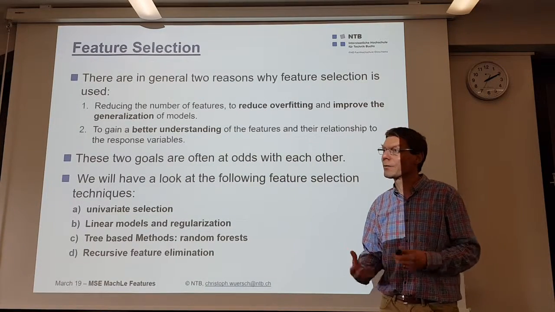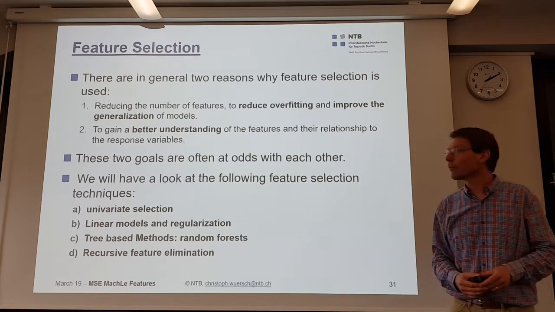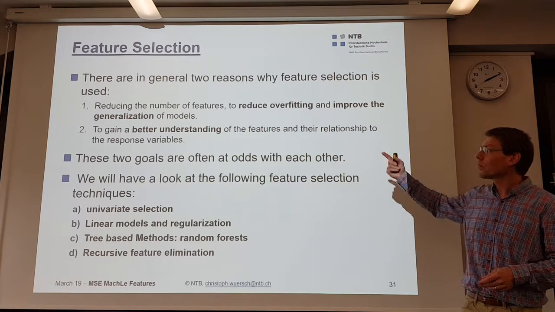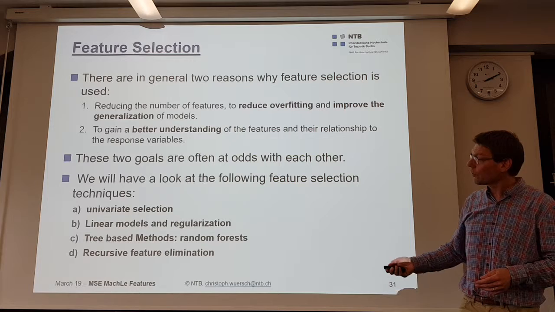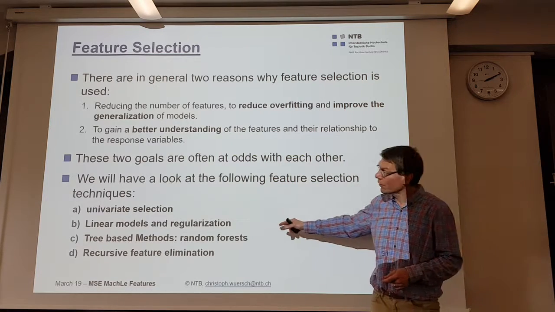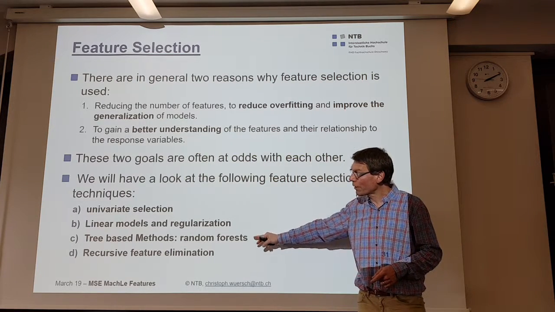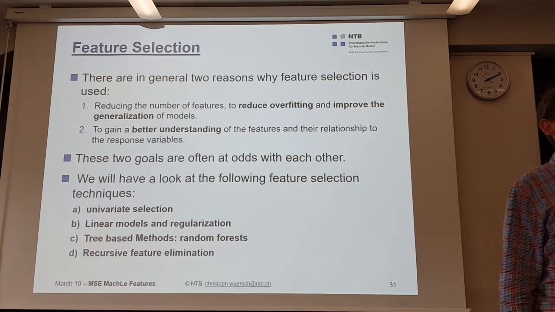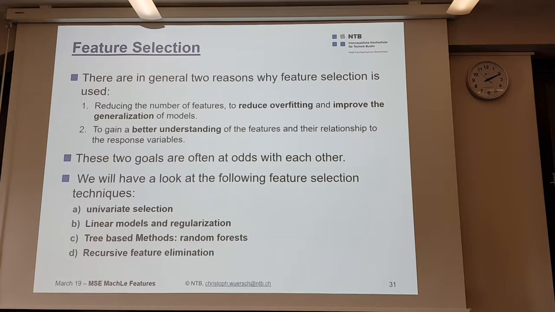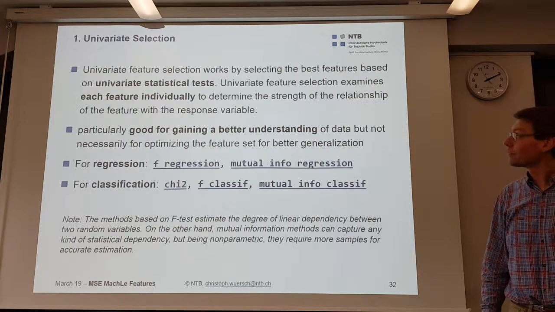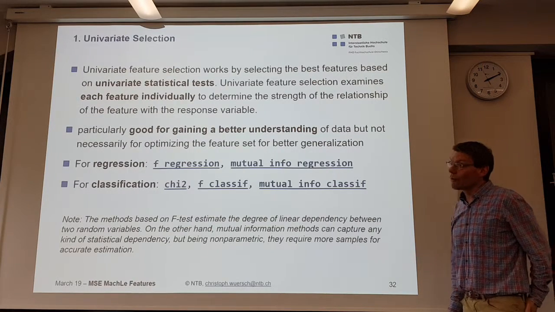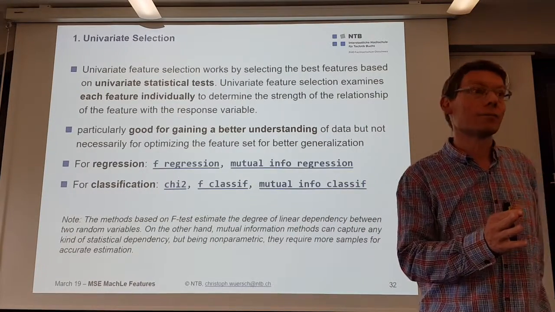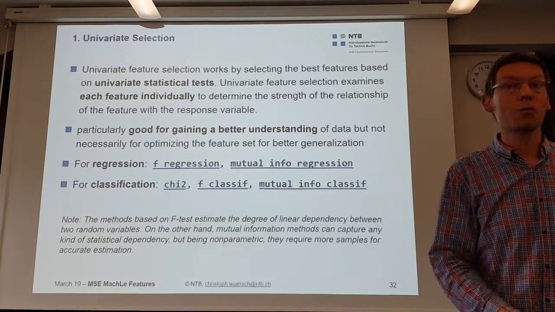We learn something about the data by selecting the most relevant ones. These two goals are coupled together. We will look at univariate feature selection, linear models, tree-based models, and recursive feature elimination as four methods to select relevant features. In univariate feature selection, each feature is looked at per se, alone.